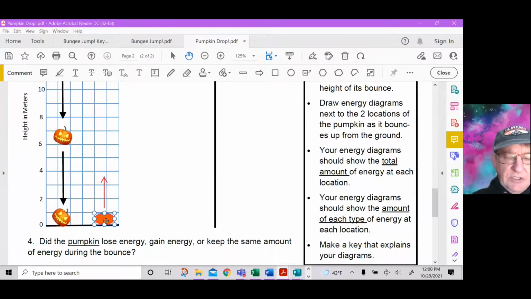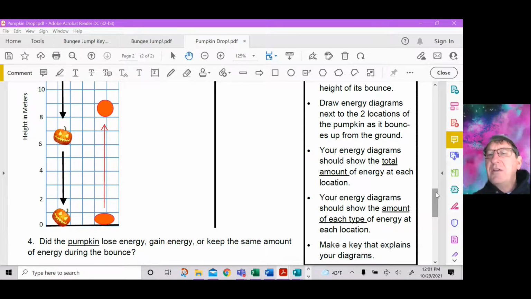So I'm going to copy and paste it. I'm going to put the bottom of it at 8 meters, because remember, we were considering the bottom as our measurement point. I'm going to make it a nice circle now because it's bounced back, right? So I need to make that measurement precisely. When I look at your paper, I should see that you actually graphed it in the correct location.